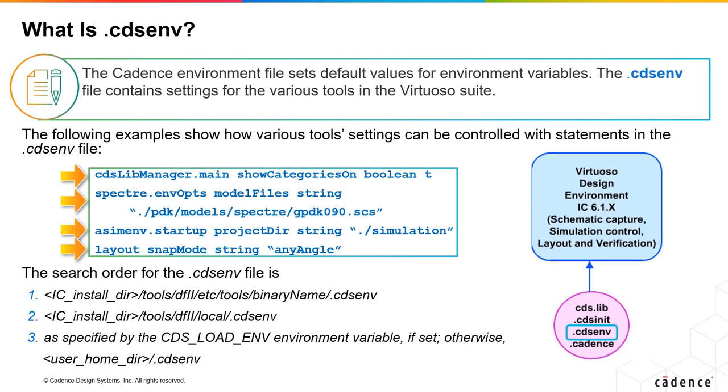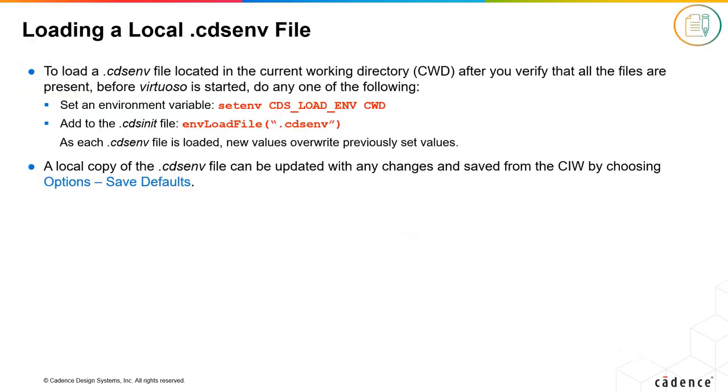The tool searches in the install directory and finally in the home directory. After you verify that all the files are present, and you want to ensure that you load a customized .cdsenv file located in your current working directory before Virtuoso starts, do any of the following: either set an environment variable or add the following environment variable to the .cdsinit file.